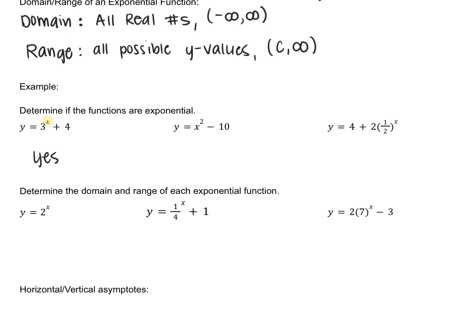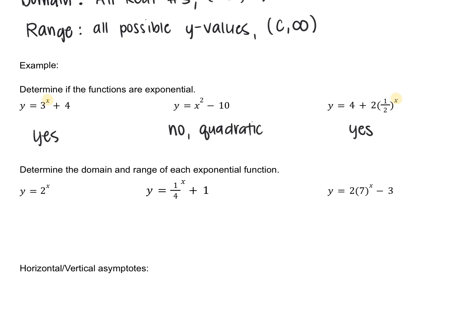My second example is y equals x squared minus 10. This is not an exponential function. We just talked about these in Module 4. This is a quadratic. It's specific when your variable is squared. So your exponent is specifically 2. And then the last one, y equals 4 plus 2 times 1/2 to the x. Again, my variable is in the exponent, so this is an exponential function.